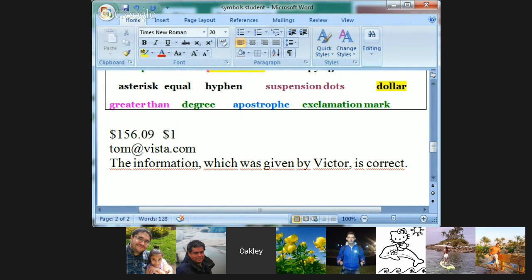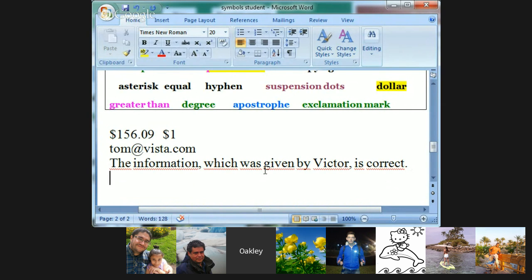This is another way to do the same thing. You're adding information. Basically, it's kind of acting as an adjective clause. Really the same thing, same idea. And again, we do the same thing. The information which was given by Victor is correct. You are correct that we can ignore the information, on the reader or speaker's prerogative. If you want to, just ignore that information. It is extra information.